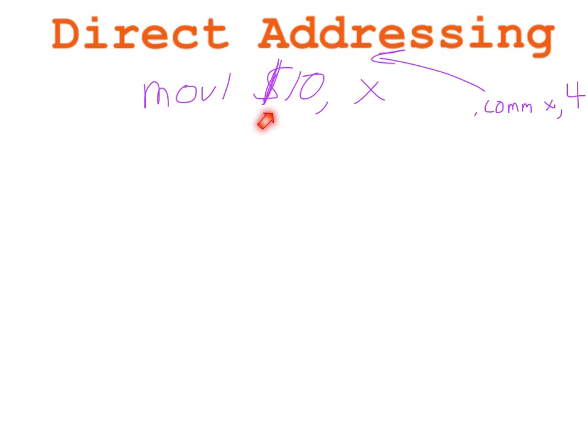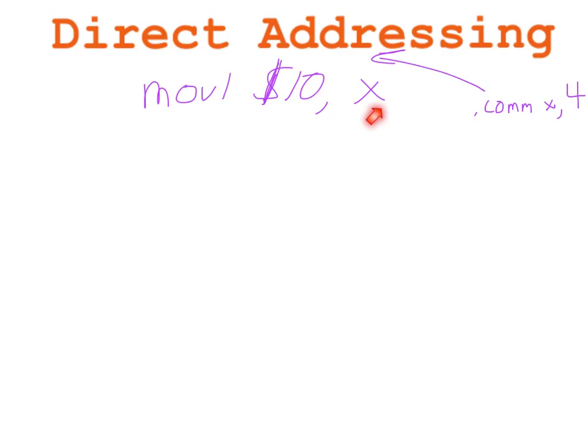Now a move also has a post-op location. In other words, it has a place where it's saving the result. That's x in this case, which is a variable. Any place that we have either an operand or a post-op location as a variable, that's simply a form of direct addressing.